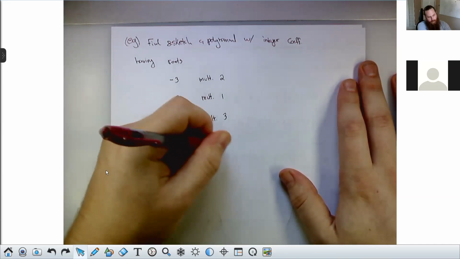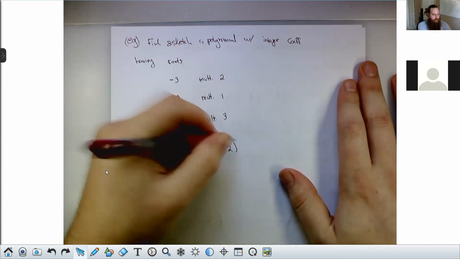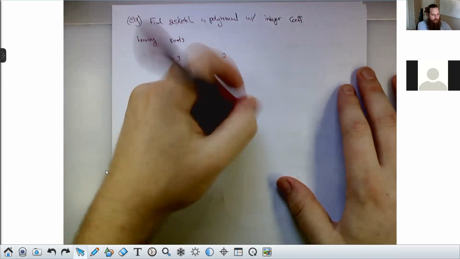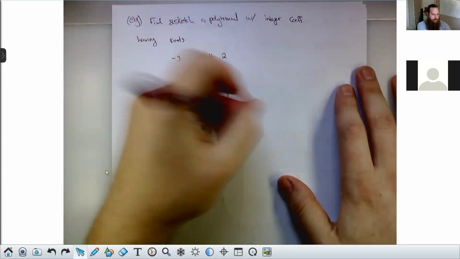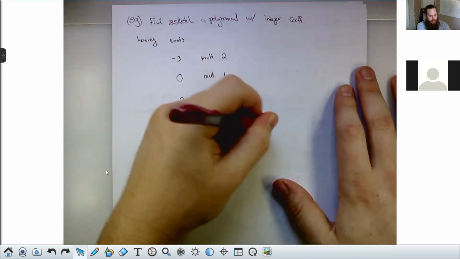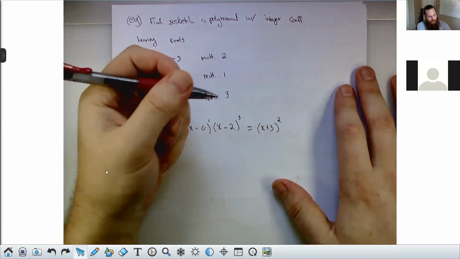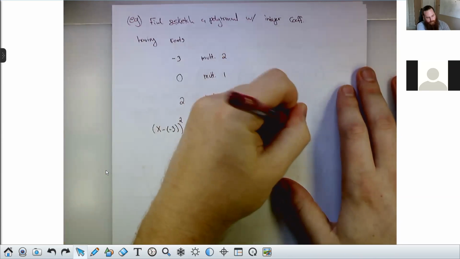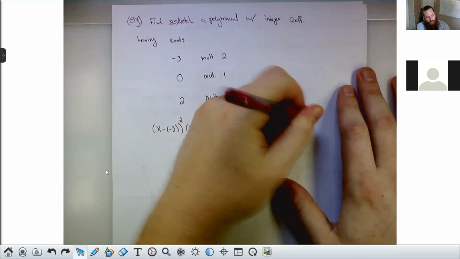And x minus 2 needs to be a factor of multiplicity 3. So this is x plus 3 squared times x times x minus 2 cubed.